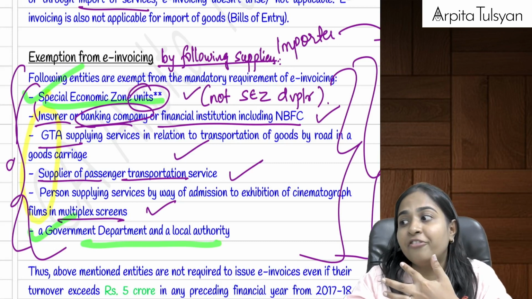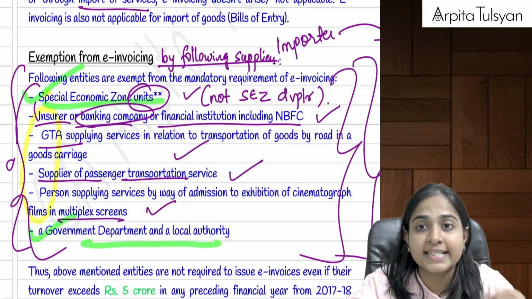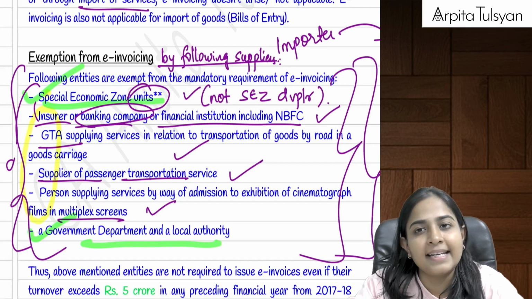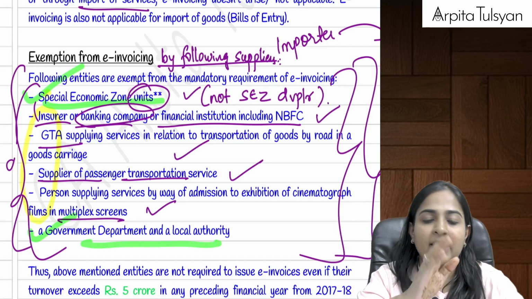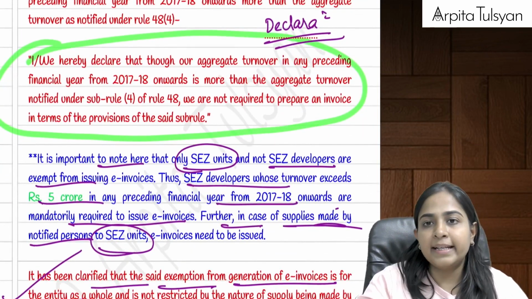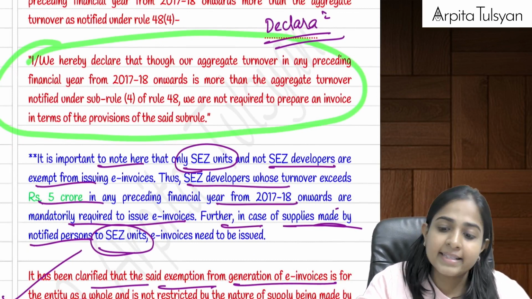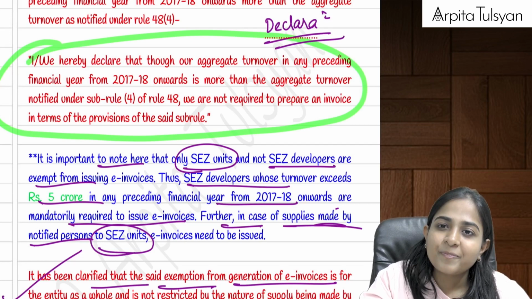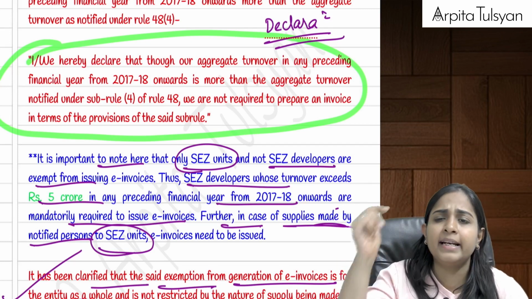So what if I am a normal person and I am supplying something to an SEZ unit? Then in that case, e-invoicing will be applicable. But what if the SEZ unit is supplying something? Then in that case, e-invoicing is not applicable, right? So can there be a possibility that there is a bank whose turnover is more than 5 crore? Is it required to issue e-invoice? Banking company whose aggregate turnover is more than 5 crore in the preceding financial year.